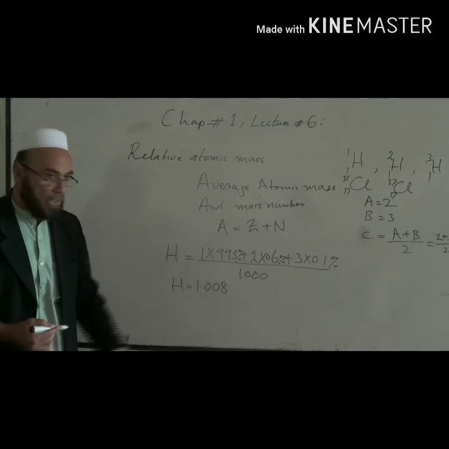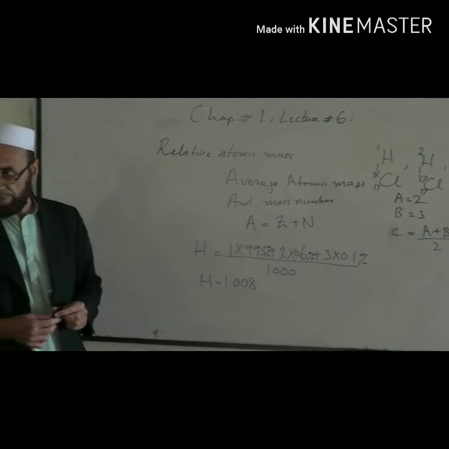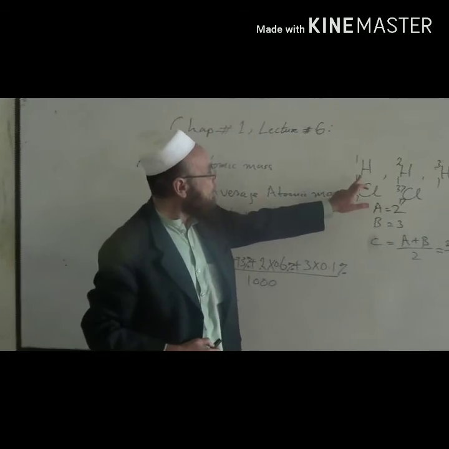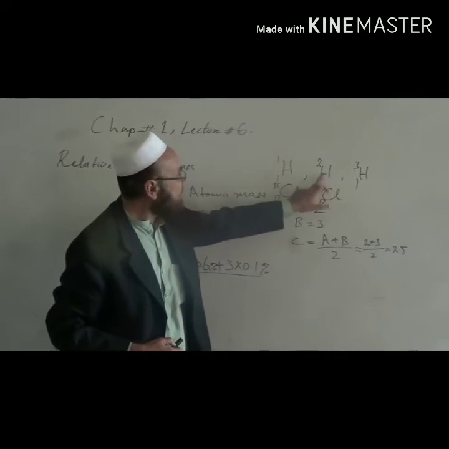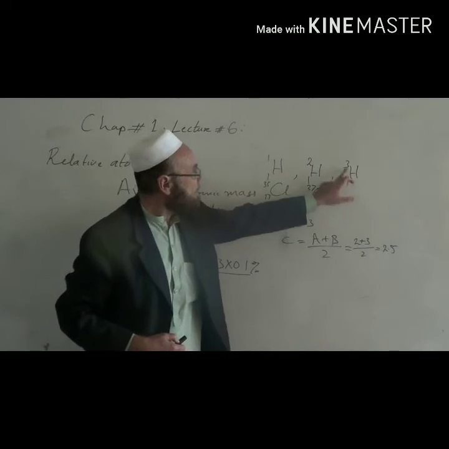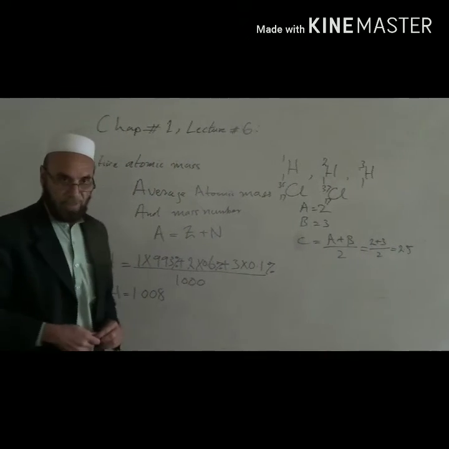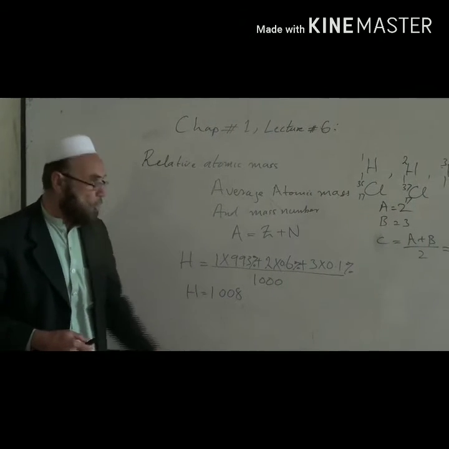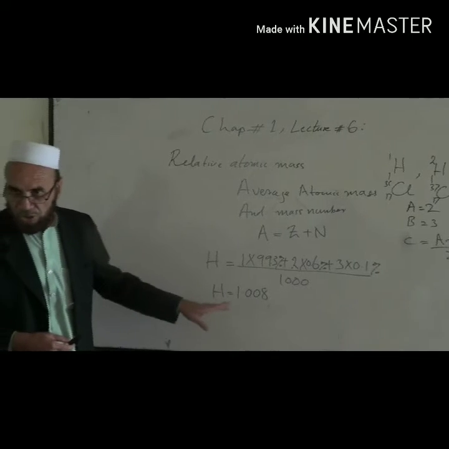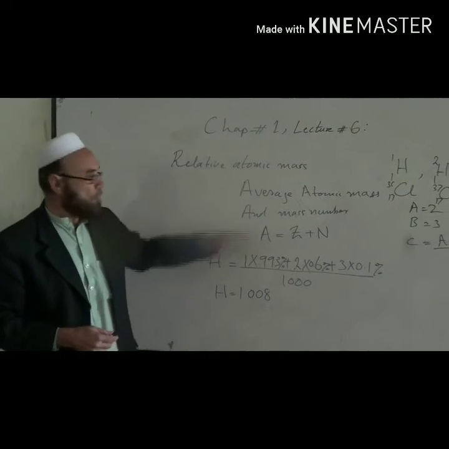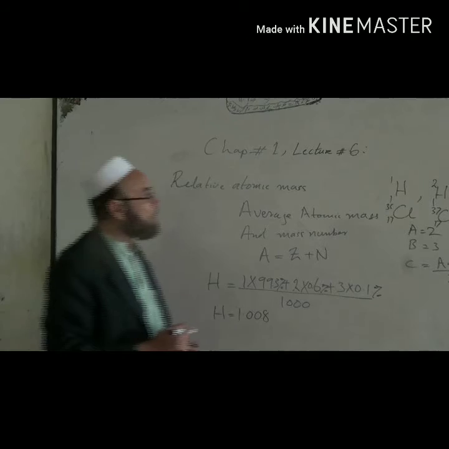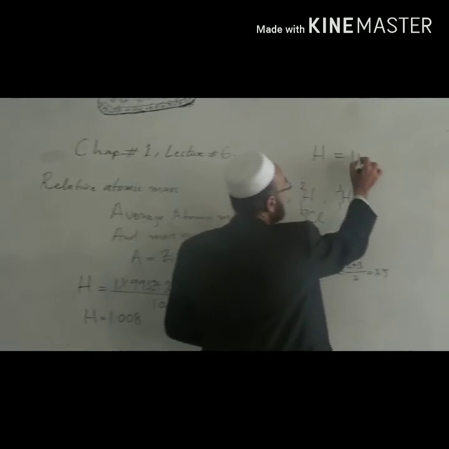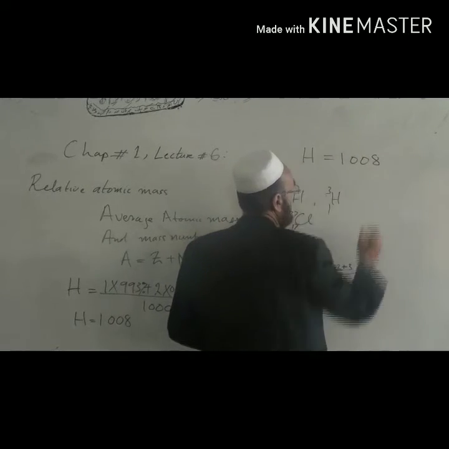This is the average weight of hydrogen. In this average weight, we have included protium 1, deuterium 2, and similarly tritium 3. This average mass shows the average atomic mass of hydrogen. So in the periodic table, you will see the hydrogen atomic mass is 1.008.